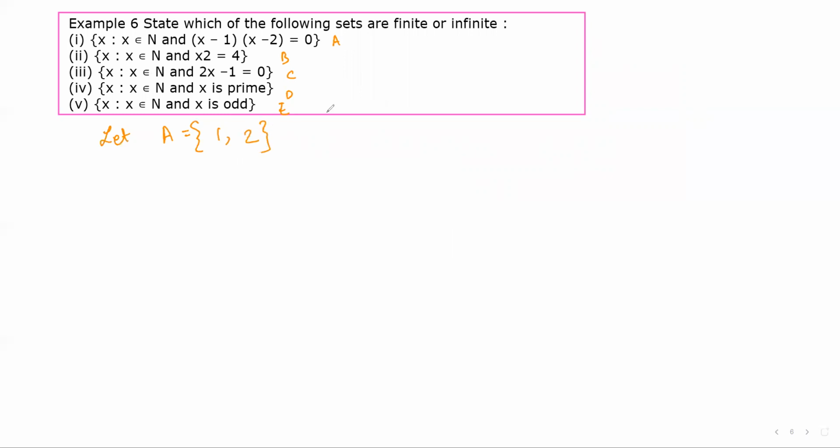How did we come up with 1 and 2? It's given that x minus 1 into x minus 2 is equal to 0, which means that x is either equal to 1 or x is equal to 2. So this is a finite set because it has a finite number of elements.